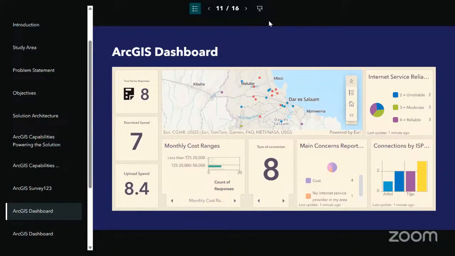I'm sorry, I'm trying to connect the Field Maps on my phone with this one.